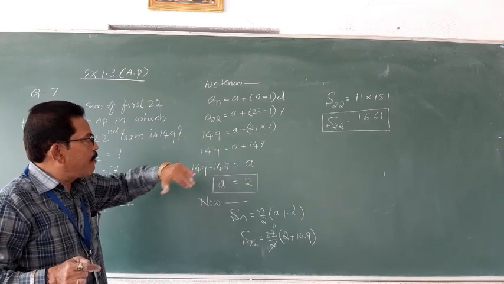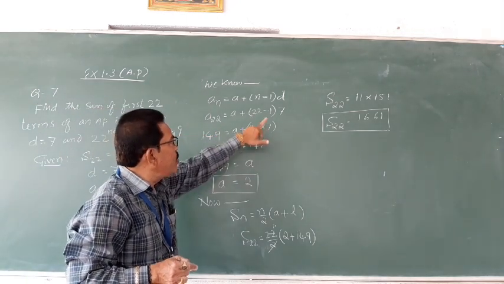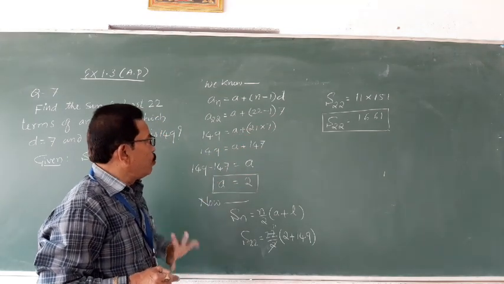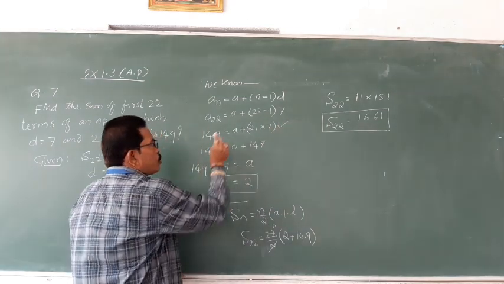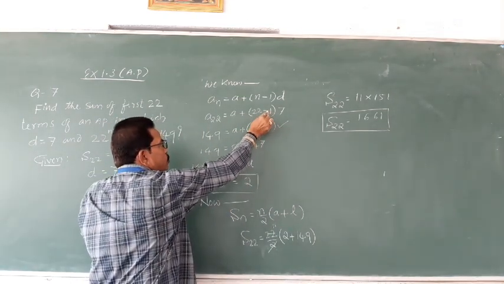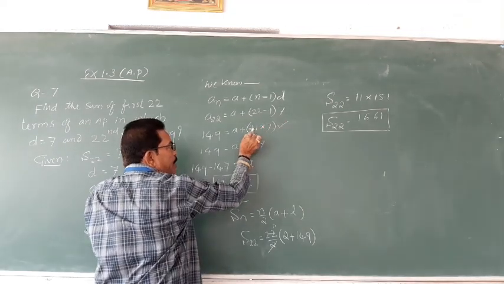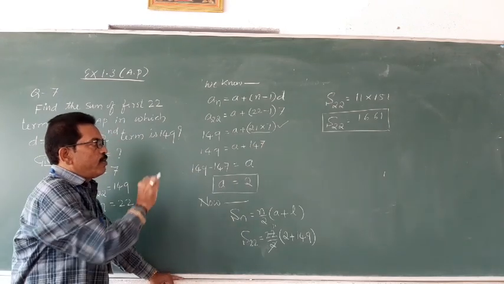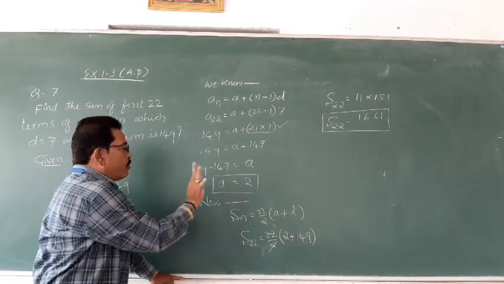After substituting the values, we got 22 minus 1, 21 into 7. So don't confuse here, 22 minus 1 is 21. Multiplication term is 7. So 21 into 7 is 147. So a equals 2.